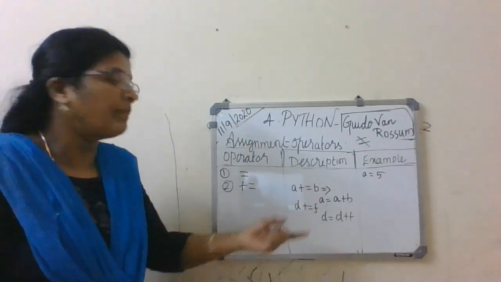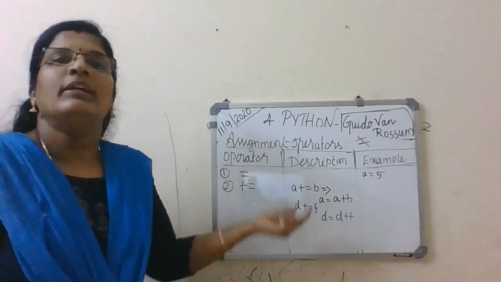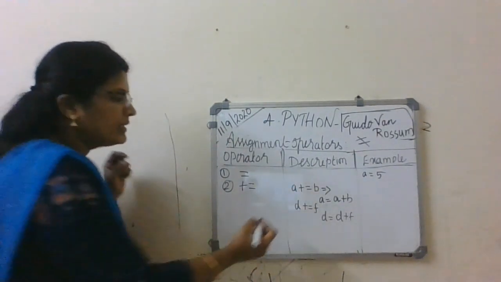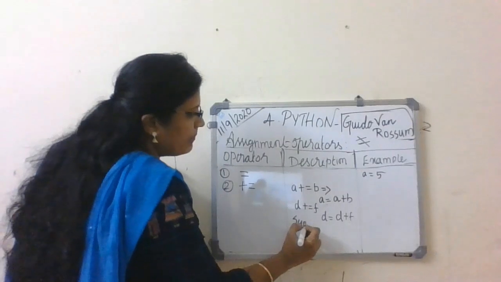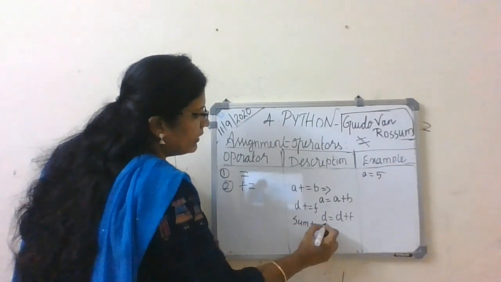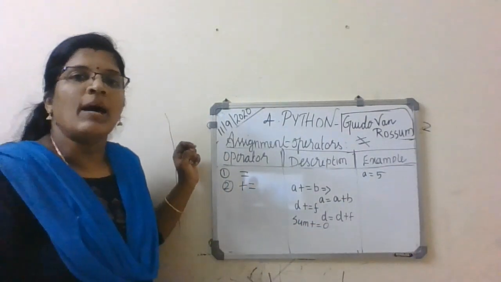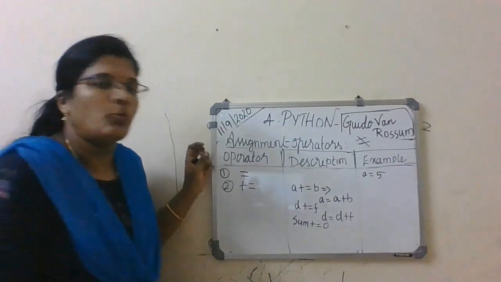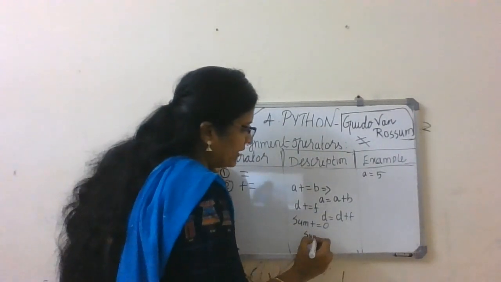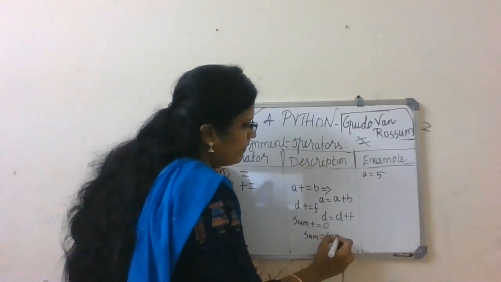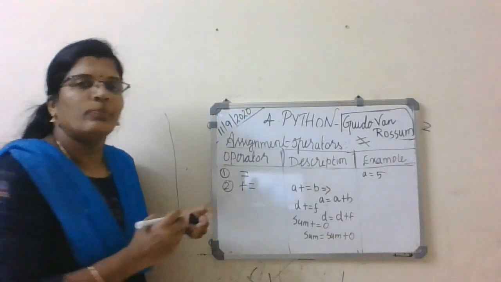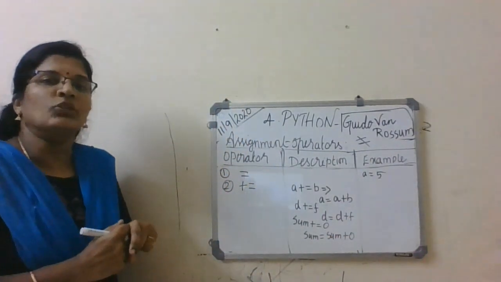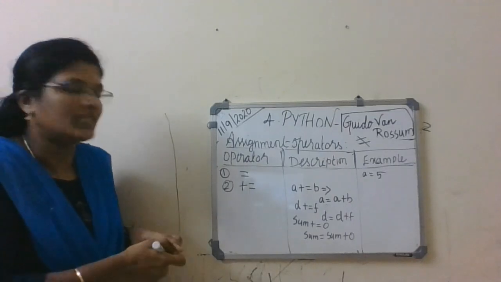Plus equal to means we take the first letter, D plus F. Then sum plus is equal to 0 means sum is equal to sum plus 0. The same value is taken.